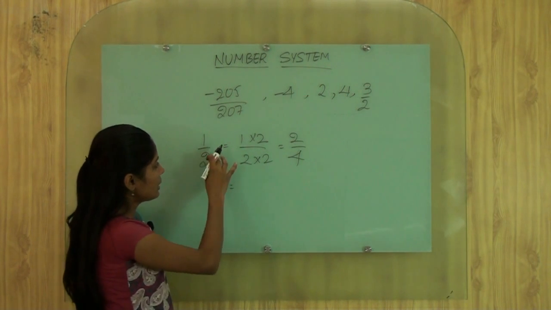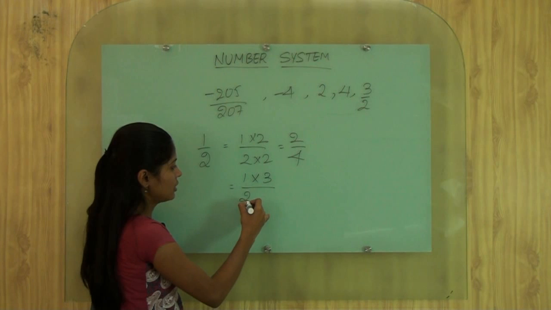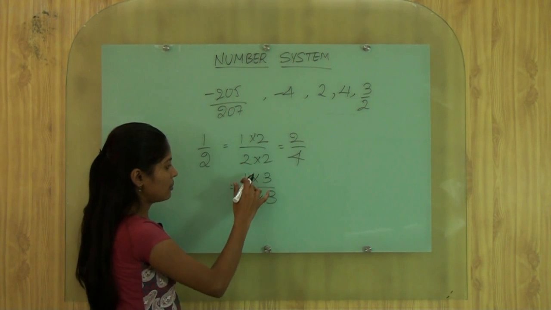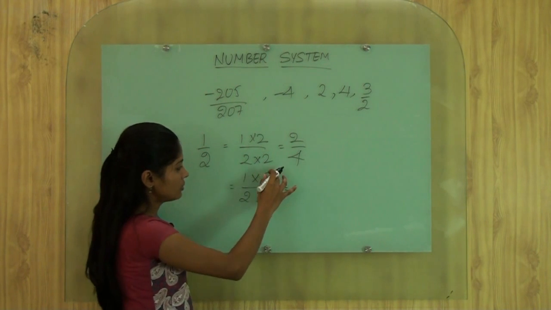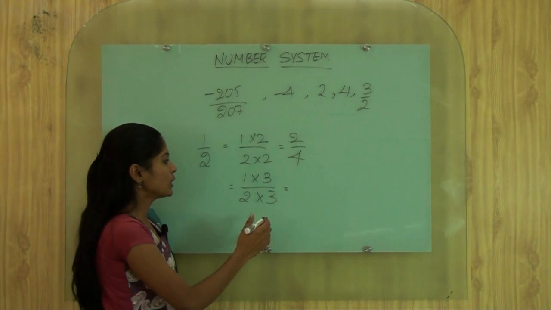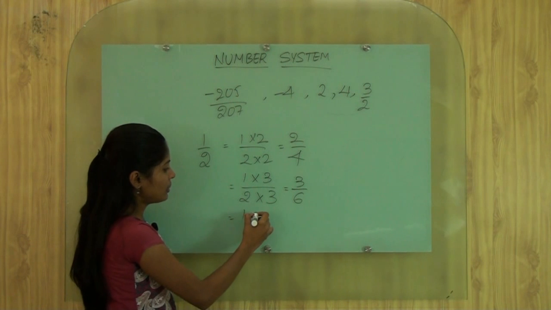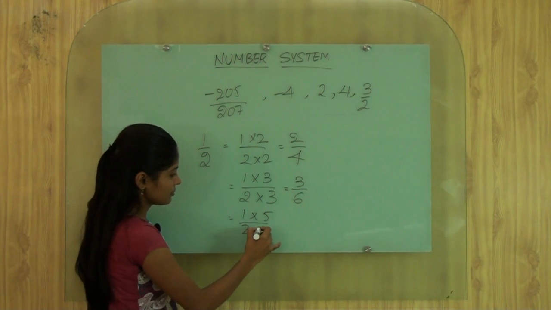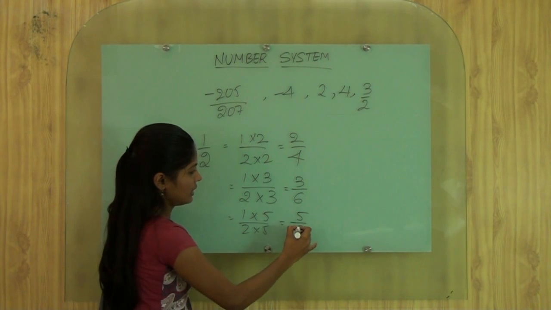Then we will multiply this 1/2 with some other number, 3. On both numerator and denominator side, what do you get? 3/6. And you can multiply with 5, which gives 5/10.